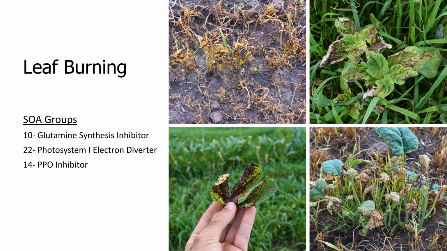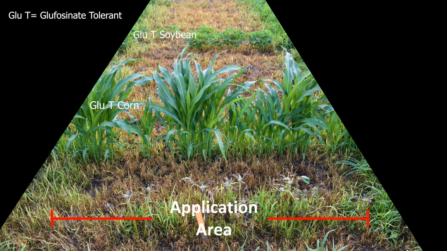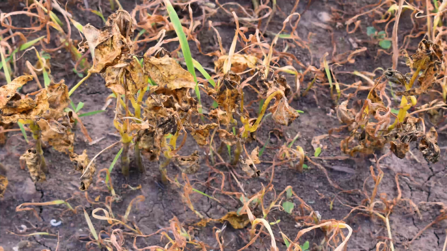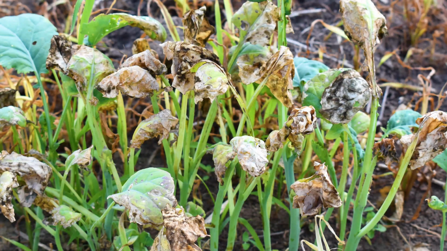10, 22, and 14. If coming from our group 10 herbicide, glufosinate, you'll see selectivity to genetically engineered crops, and the leaf burning will appear more in the form of bronzing. From a group 22 herbicide, all plant species will be affected, and the injury will appear more pale in comparison to injury from glufosinate.